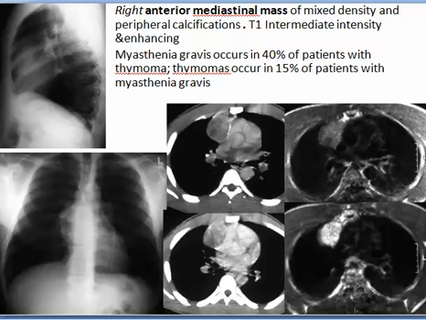It is intensely enhancing on T1 weighted images. This is characteristic of thymoma. Thymoma is hypervascular, inviting calcifications, and it is seen in the anterior mediastinum related to myasthenia gravis.